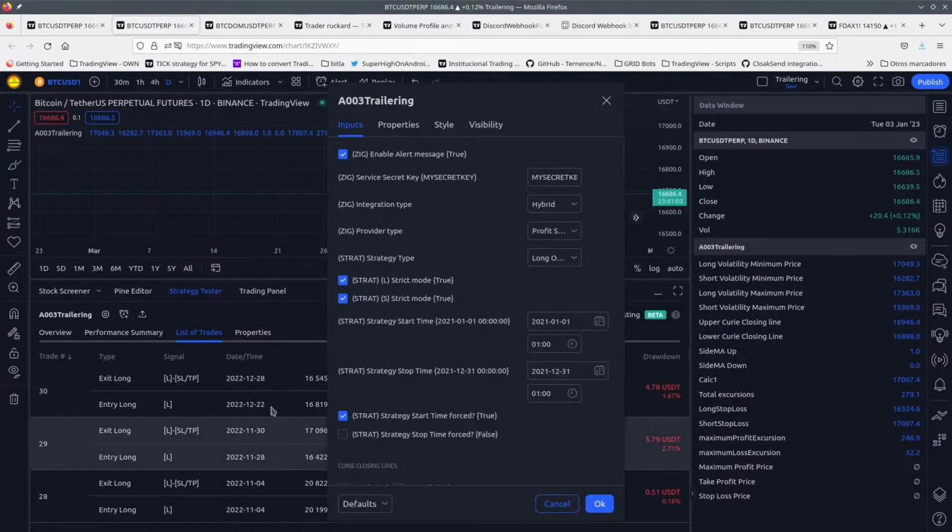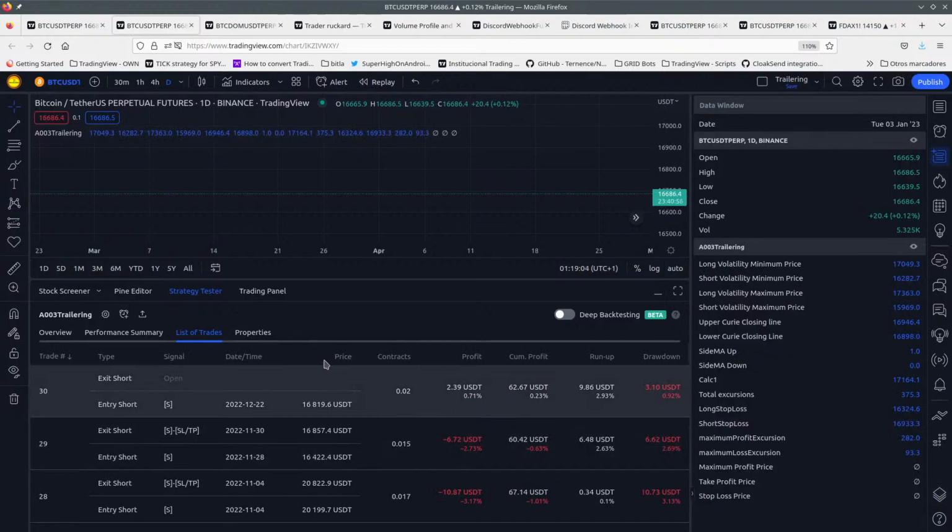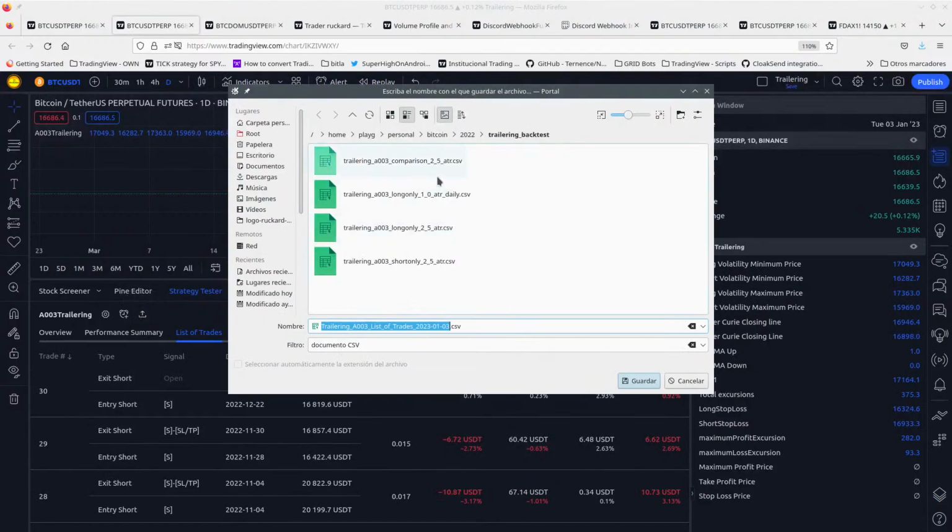Okay, and let's check this thing here, long short only, I mean. Now let's export as short only.